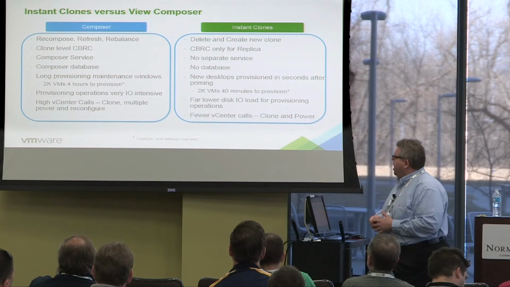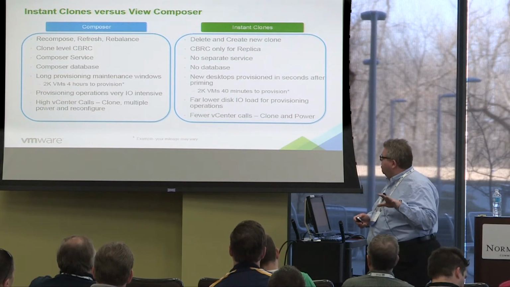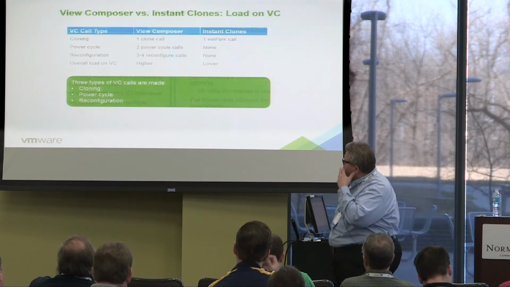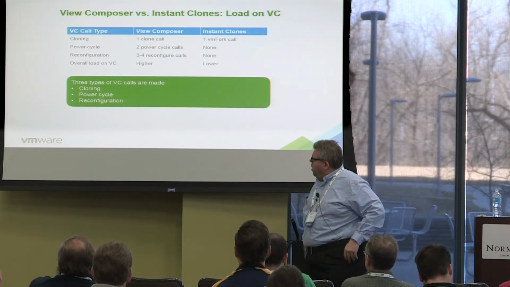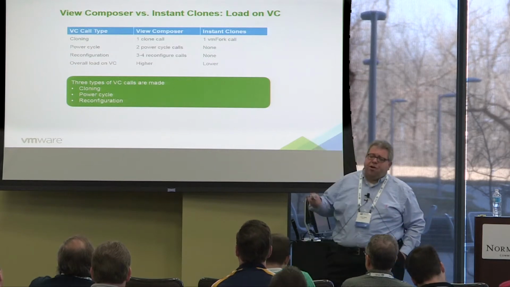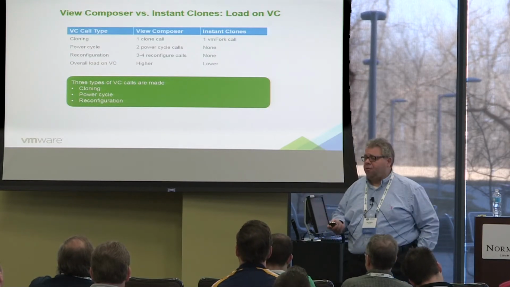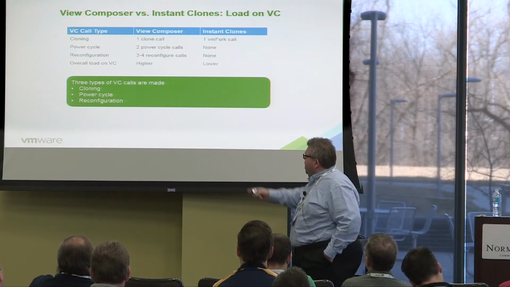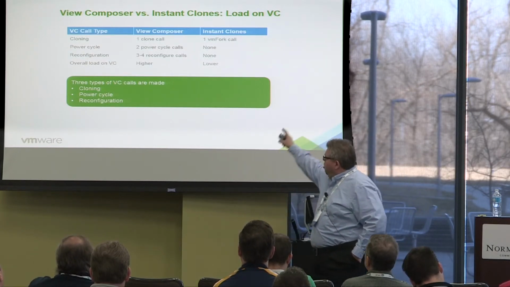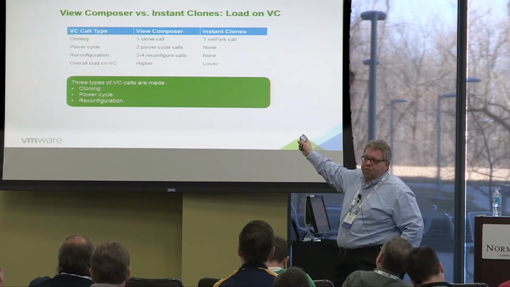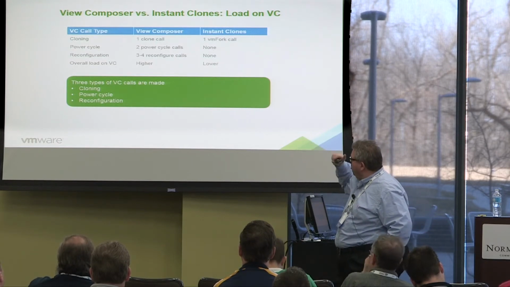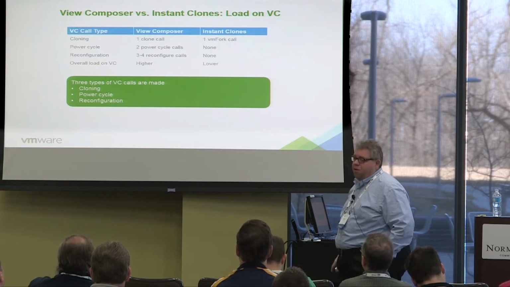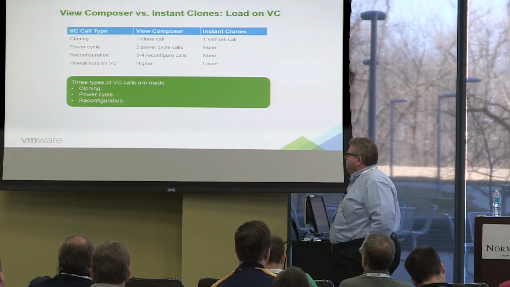Lower I/O load and a lot less vCenter calls. I don't remember if I have the slide in here or not about the vCenter calls, so I'll table that until I see if the slides are. Yeah, it is. Okay. So we make 3 kinds of calls when we do a cloning operation: the clone itself, power cycles, and reconfigurations. If you look at the side-by-side, we're doing no power cycle calls with an instant clone, as opposed to 2 or more with link clones, and no reconfiguration happens.